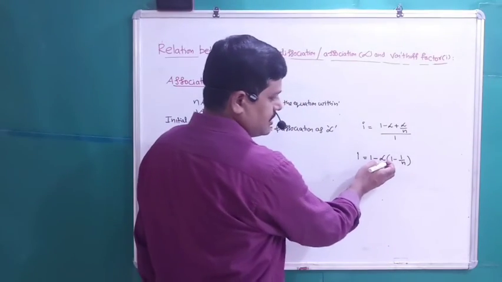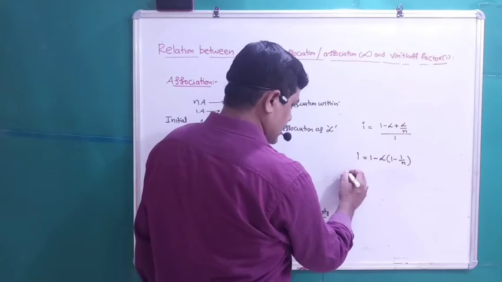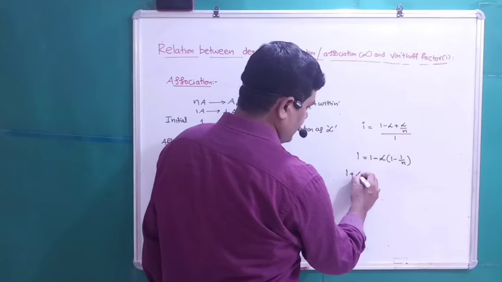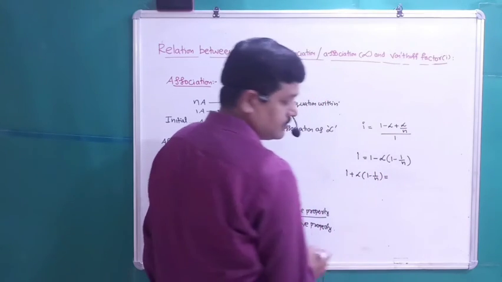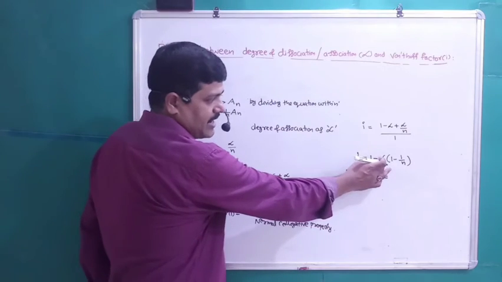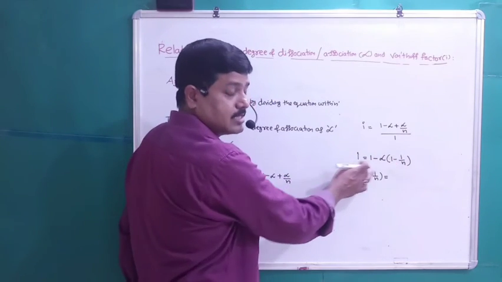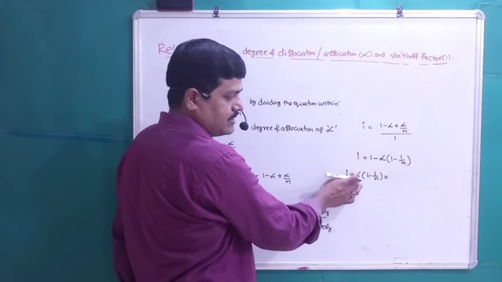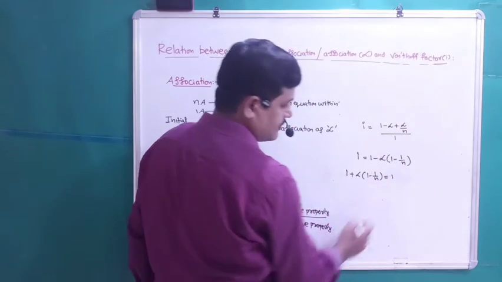Then we transfer this total term to the opposite side: i plus alpha into 1 minus 1 by n is equal to 1.